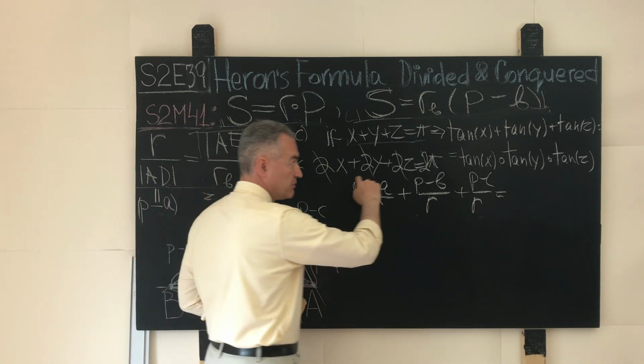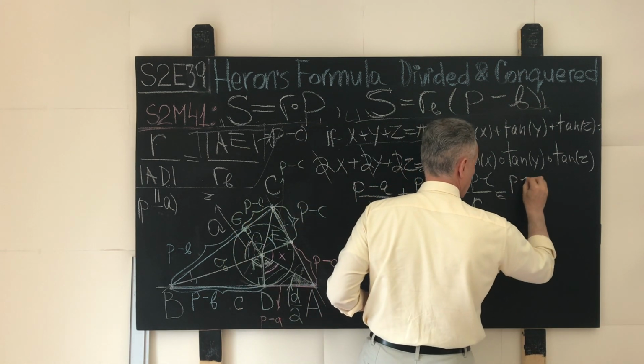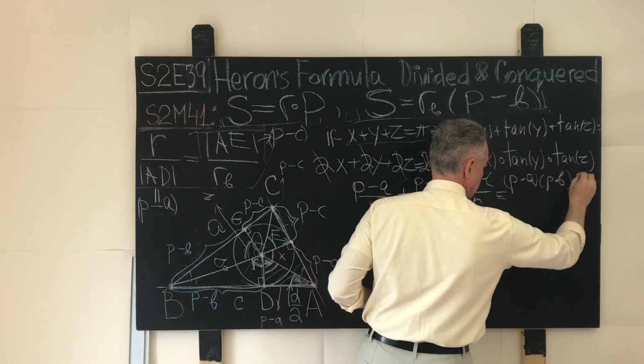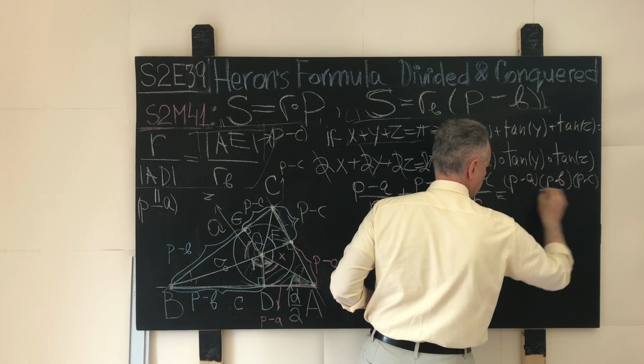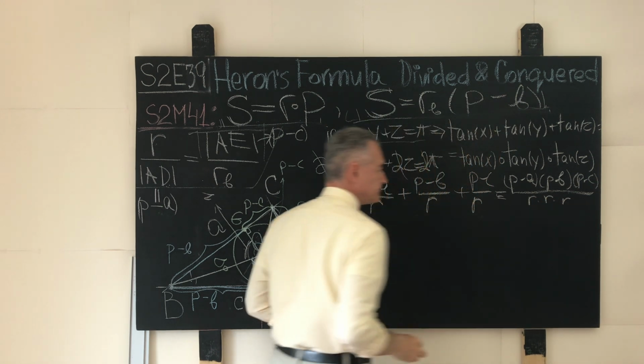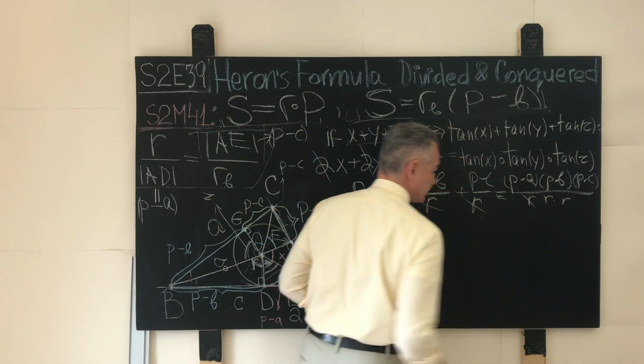And in this miraculous case, this sum is equal to the product of the same things. P minus A, P minus B, P minus C over R times R times R. Isn't that wonderful? One copy of R cancels out.